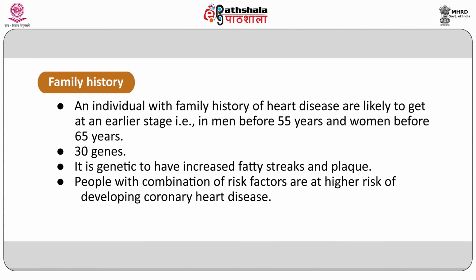Family history is a factor that may lead to atherosclerosis, as there are about 30 genes involved in the process, such as apolipoprotein E, a fatty protein molecule that helps in removal of cholesterol from the body. It is genetic to have increased fatty streaks and plaque. So people with a combination of risk factors are at higher risk of developing coronary heart disease.